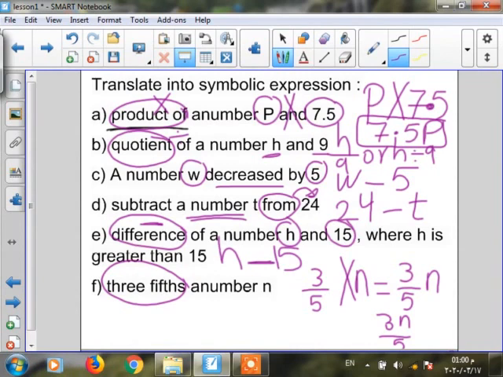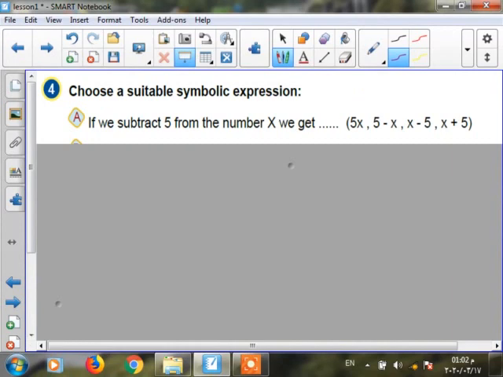Okay, the next one. Choose the suitable simple expression. If we subtract 5 from the number x, we get what? We said before, when you say subtract from, take the number after from.